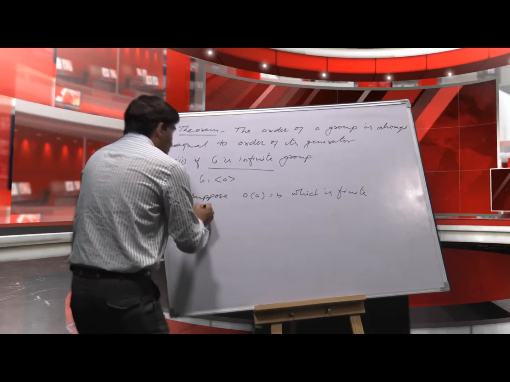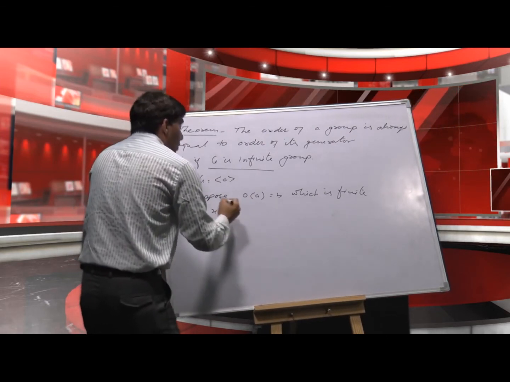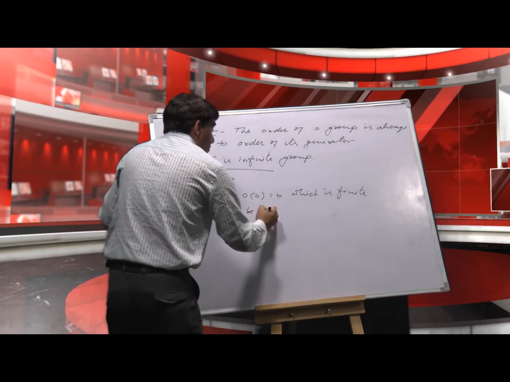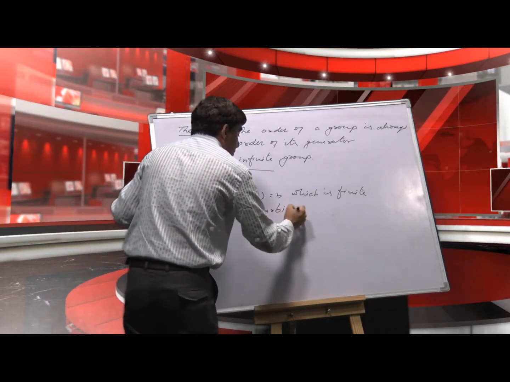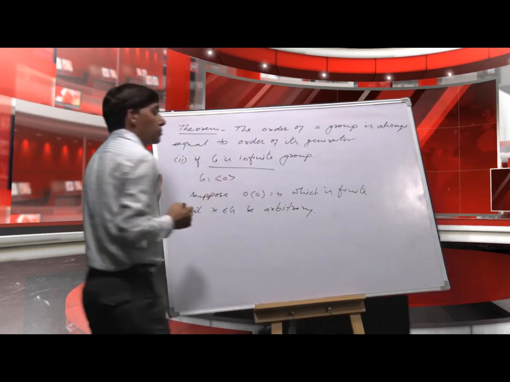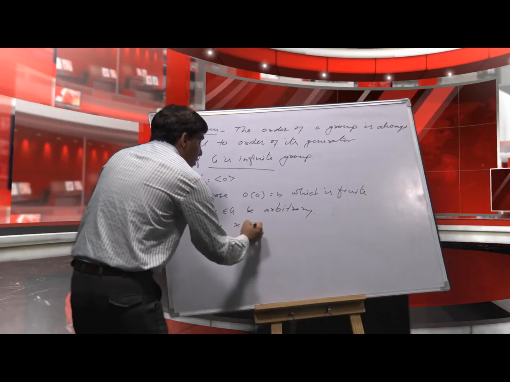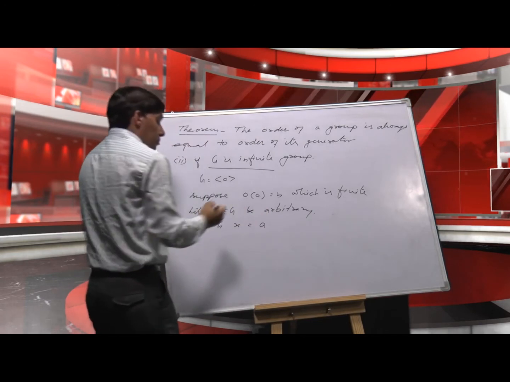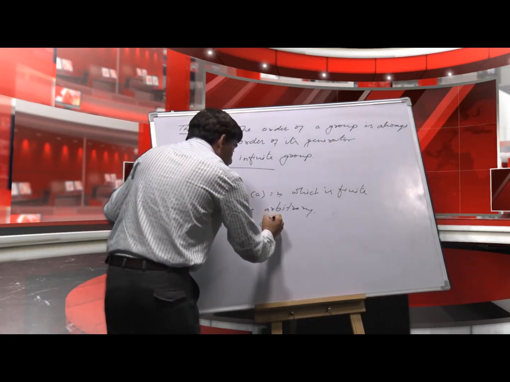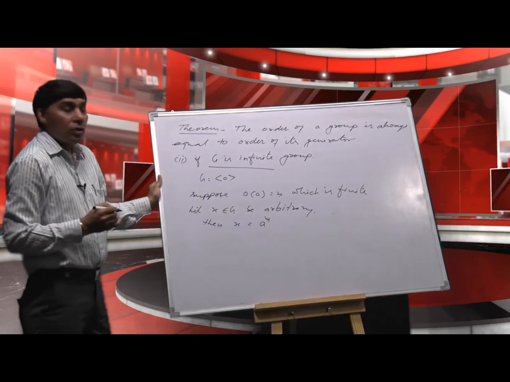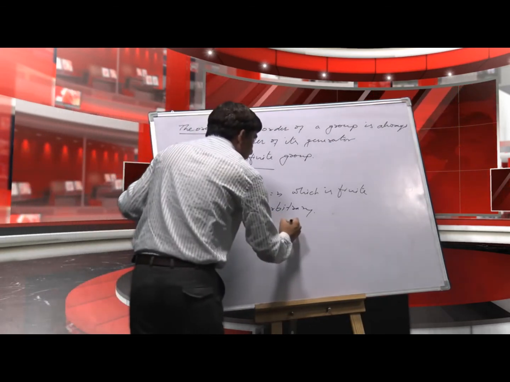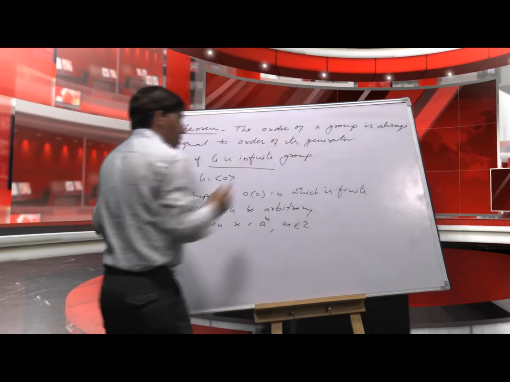Let x belong to G be arbitrary. Then x is equal to a raised to power m, where m belongs to Z.